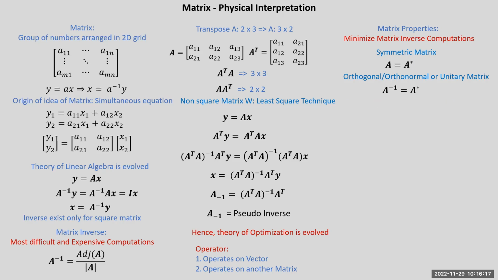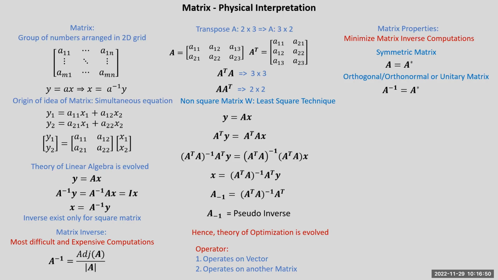Now, what is our concept of orthogonality? Or when can one say the matrix is orthogonal? If the dot product of any two rows or any two columns of a matrix is 0, the matrix is called an orthogonal matrix. Now, what is an orthonormal matrix? An orthonormal matrix is the same as an orthogonal matrix, only the difference is the magnitude of any row or any column is equal to 1.